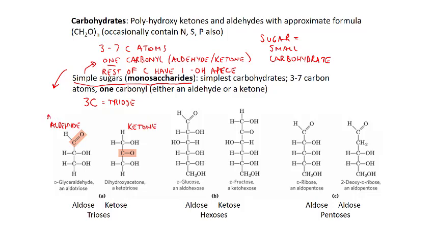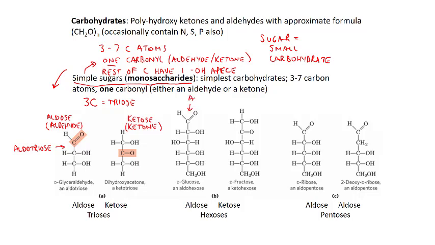Our terms for those would be aldose, and the ketone version would be ketose. And you can combine these two terms together into a single word. So for example, glyceraldehyde over here is an aldotriose.